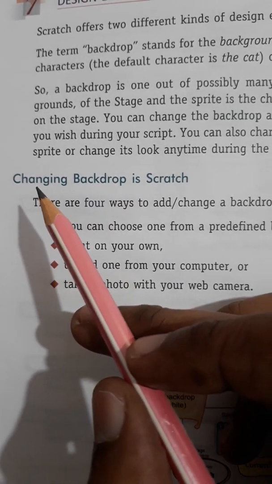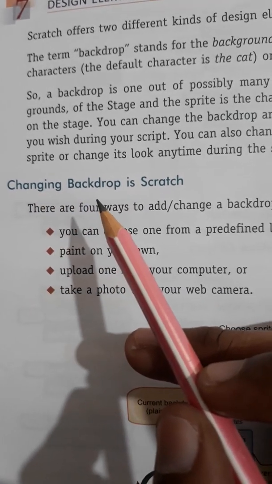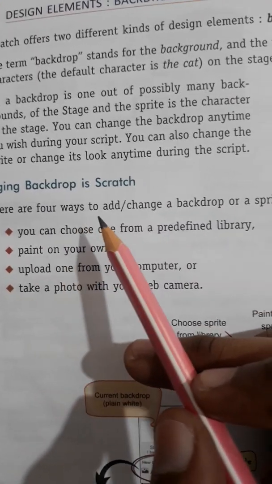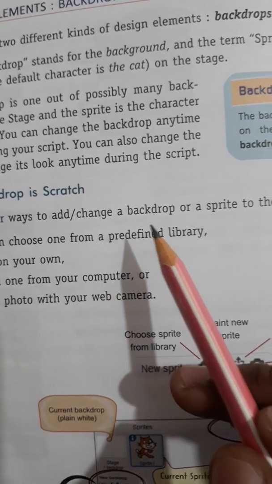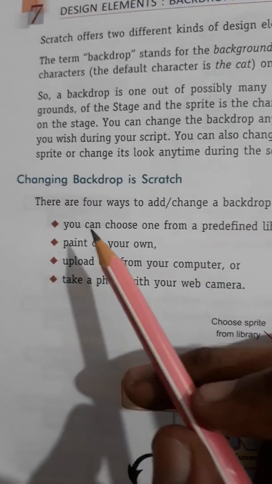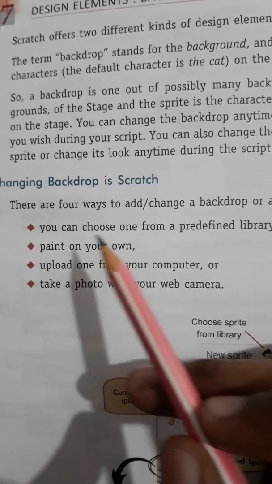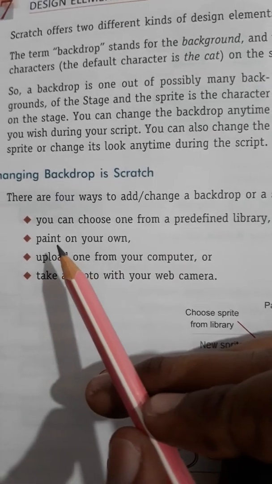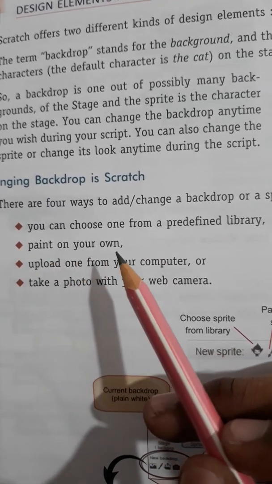First of all, we'll see how to change the background or backdrop in Scratch. So there are 4 ways to add or change a backdrop or a sprite to the stage. The first one, you can choose from a predefined library. Second, paint on your own.